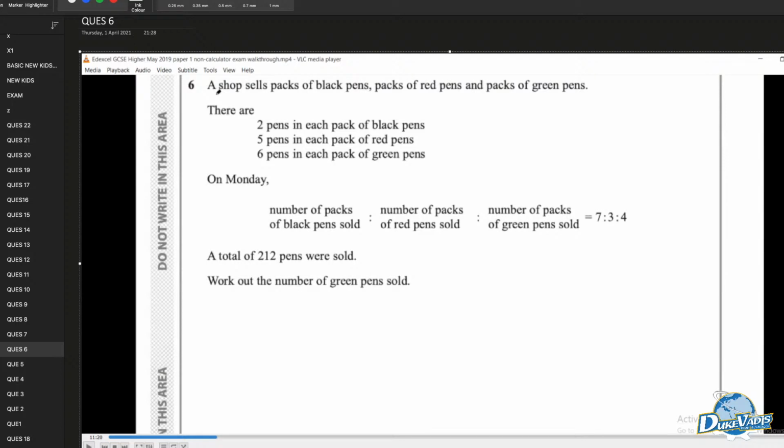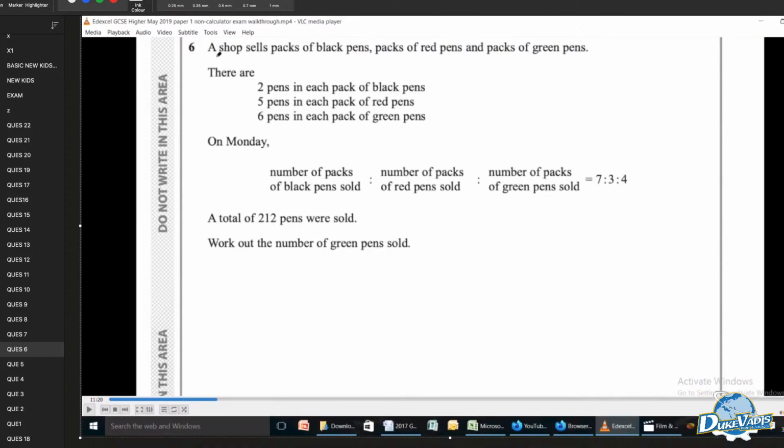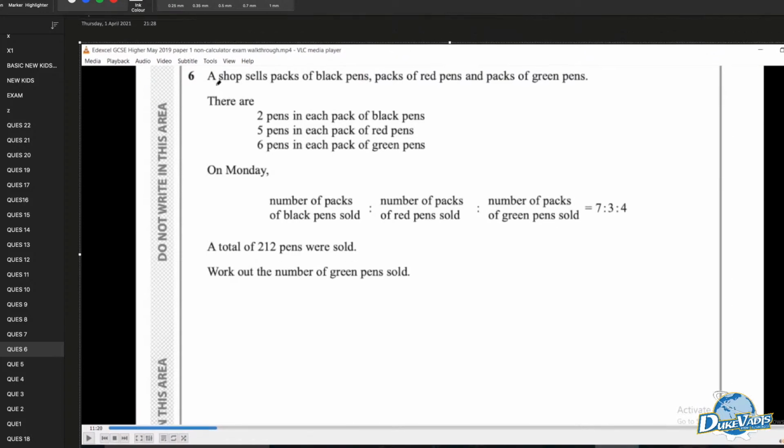On Monday, the ratio of the number of packs of black pens sold to the number of packs of red pens sold to the number of packs of green pens sold is given. A total of 202 pens were sold. Work out the number of pens sold.